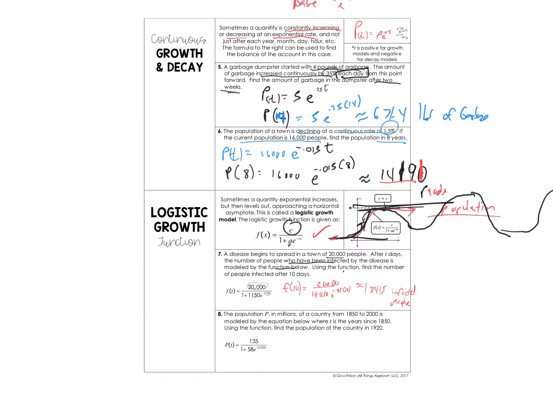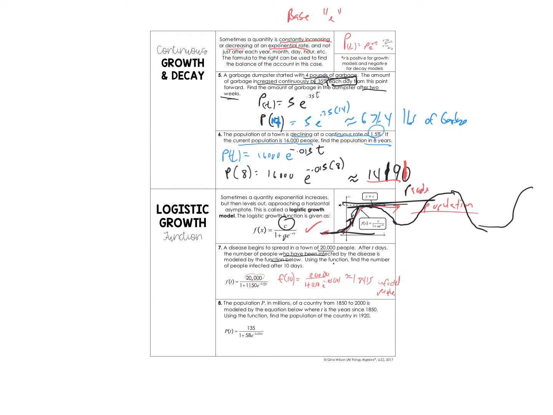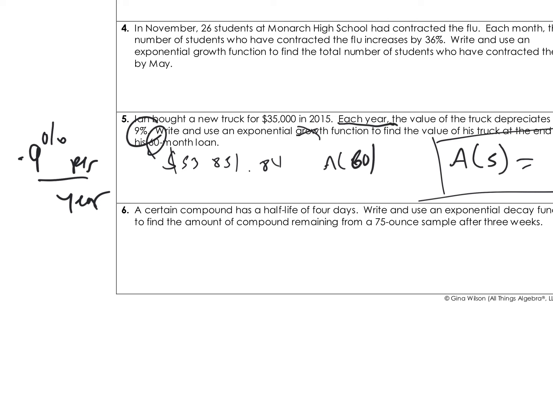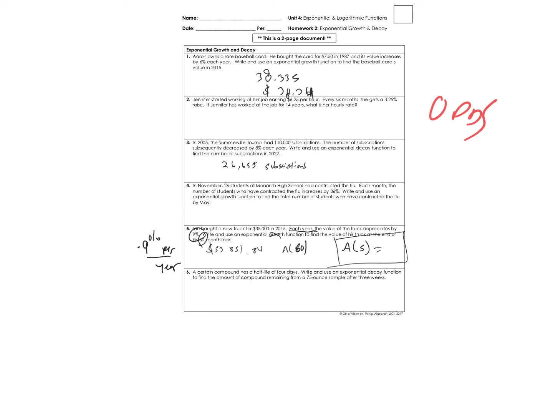Here was the logistic growth, and it looks like we're doing some continuous growth. Then the homework on that was the odds. You see a couple answers that we did. Hopefully they're looking good.